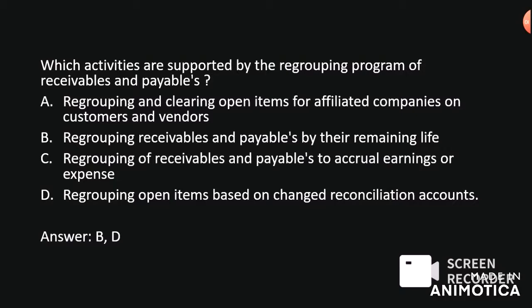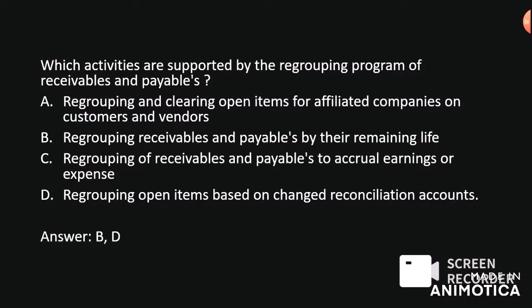Now let us check the FI certification related questions regarding this topic. Which activities are supported by the regrouping program of receivables and payables? So what does the regrouping program do? The regrouping program doesn't do any clearing, it just regroups. So clearing open items for affiliated companies on customers and vendors: if it is regrouping open items, then that might be the correct option, but I don't think it does clearing.